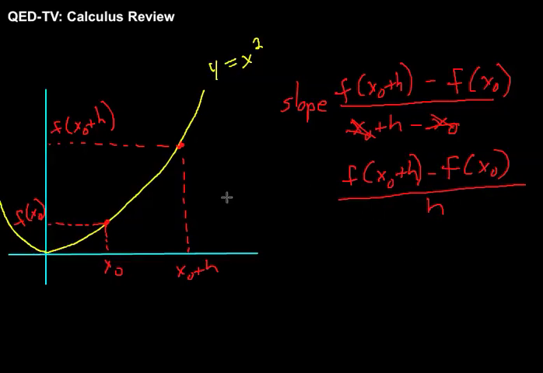And so I know what the function of this particular curve is. It's x squared, y equals x squared. So what is the function? What does y equal if you put in x naught plus h into this function?